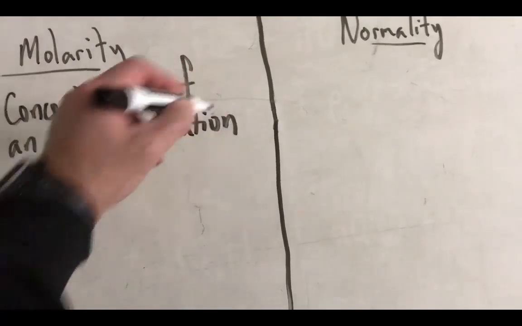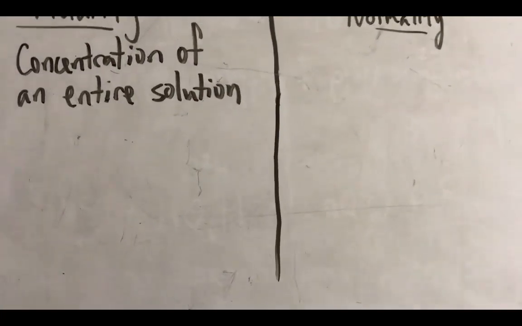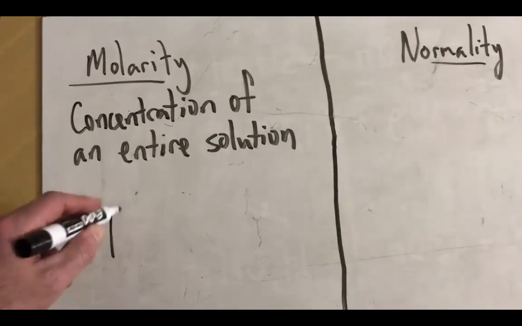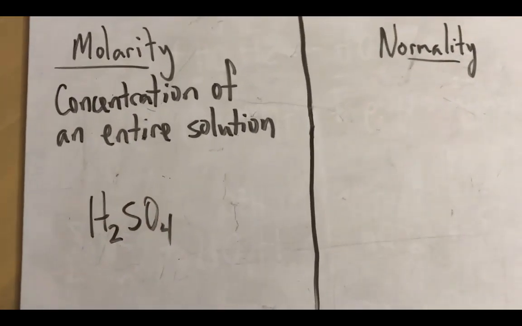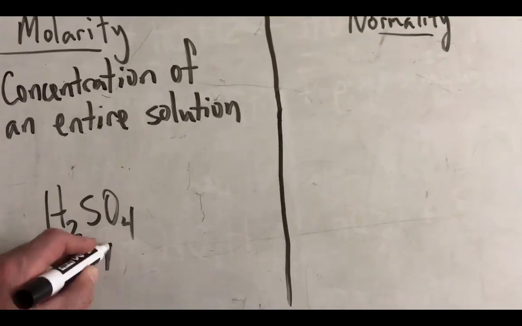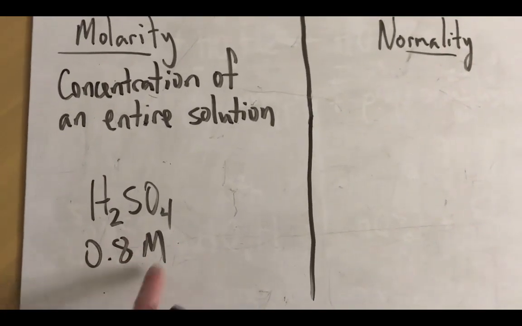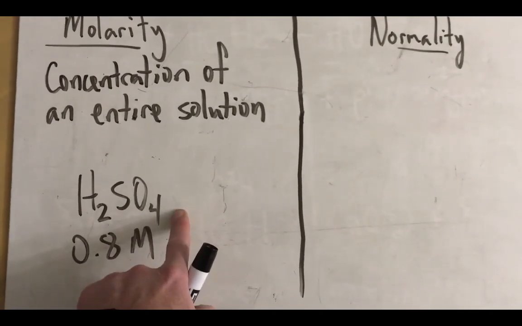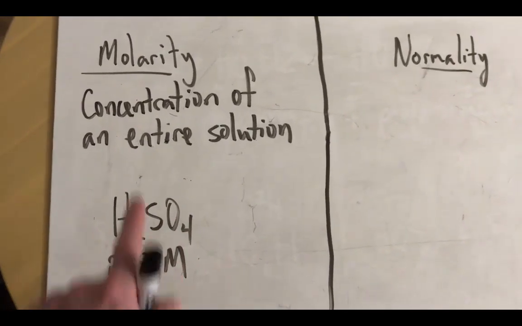For example, we might use sulfuric acid, H2SO4. If I have a 0.8 molar concentration of sulfuric acid, that is for this entire solution, okay? All of these ions together.